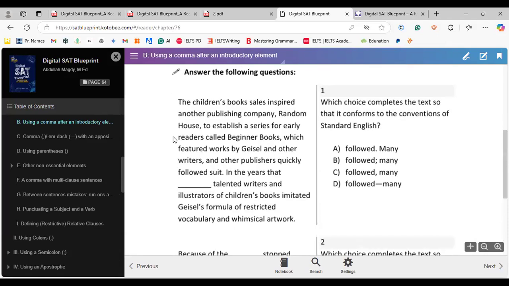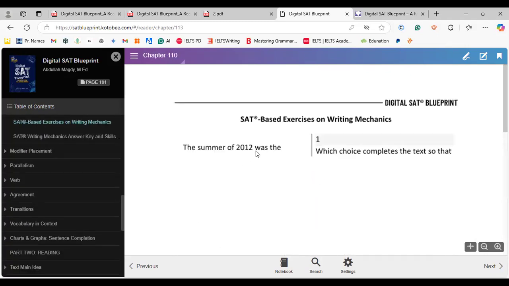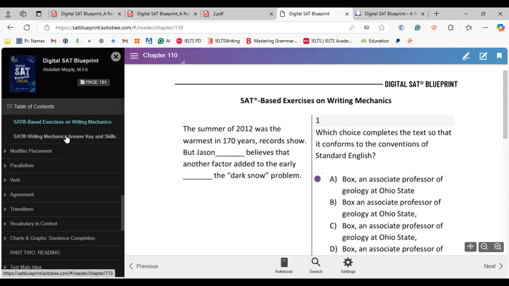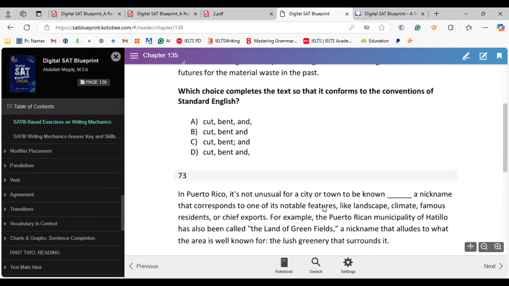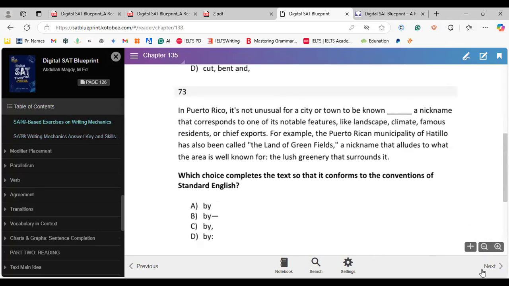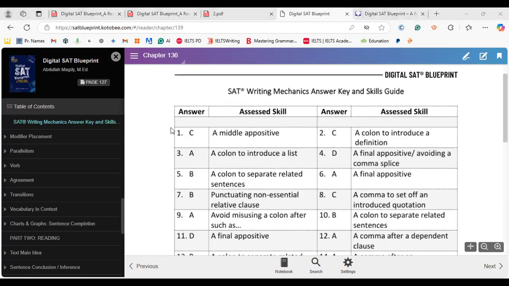We have in-chapter questions and post-chapter questions. And finally, we have the SAT-based exercises on mechanics. For example, this chapter has over 70 questions, 72 or 73 questions. At the end, you have the answer key with the sub skills. This is how the book is structured throughout.